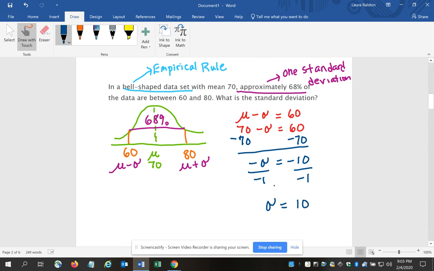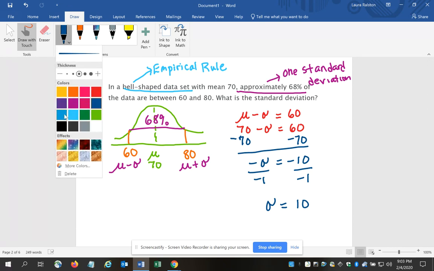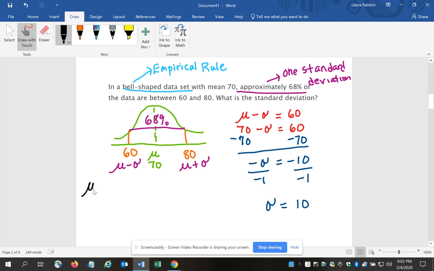Now, if you're getting hung up on the notation, you're going to have to get familiar with this, but the nice thing is, in statistics, once we define a symbol, that symbol means the same thing every time, all the time. This funky looking u is actually the Greek letter mu, and it represents the population mean.